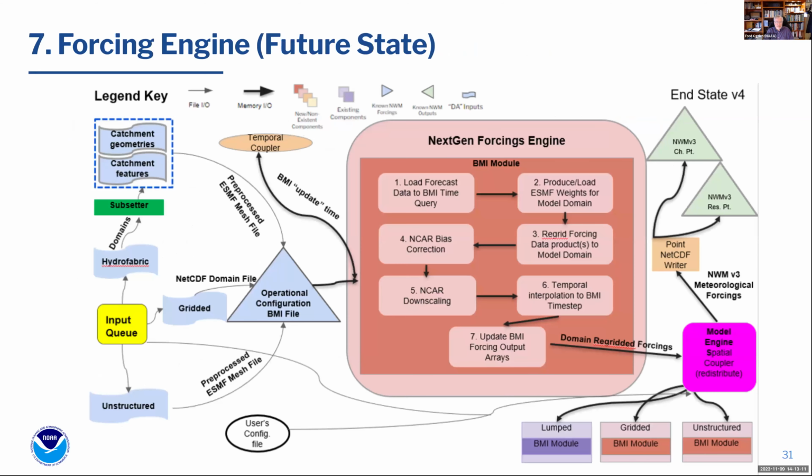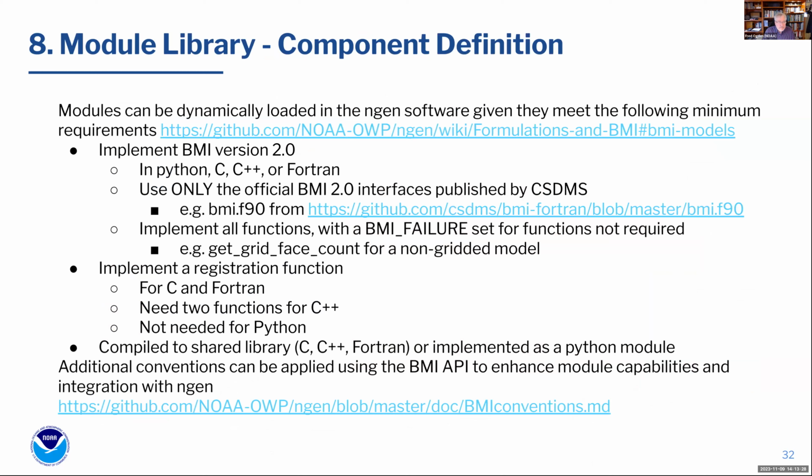This is the future state of that forcing engine that we envision. And again, if you want to take a screen capture of it and look at it, be my guest, but I'm going to change slides here. The module library supports C, C++, Fortran, Python.